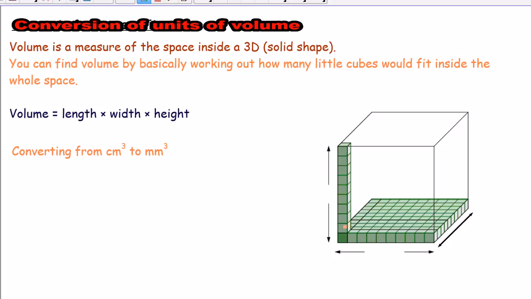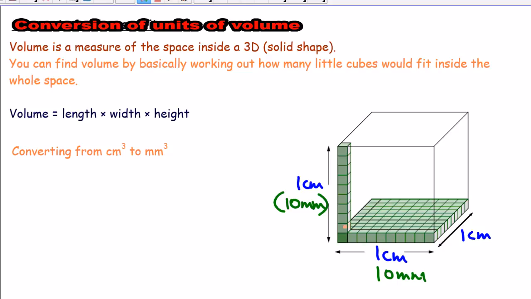I'll use this shape here. Suppose this length here is 1 centimeter by 1 centimeter by 1 centimeter. Alternatively, suppose we know that 1 centimeter is equal to 10 millimeters.